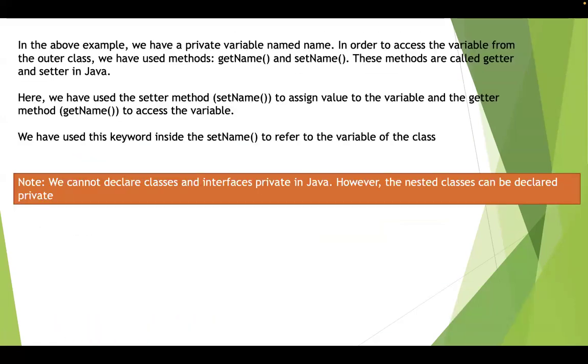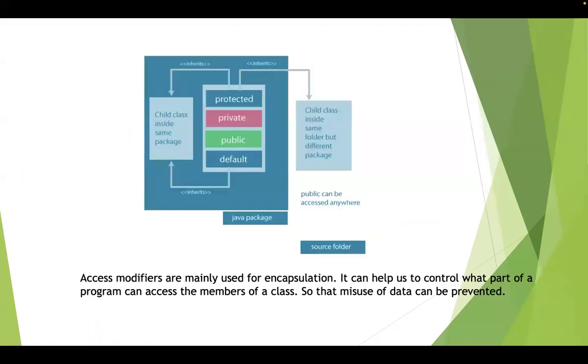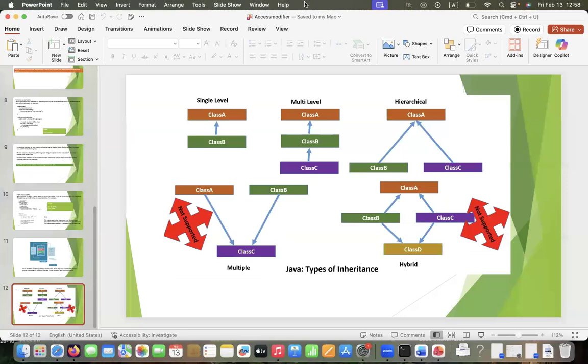So these are the four things that I wanted to discuss. This is a very deep discussion. I hope you got a very clear idea about what we have covered today.